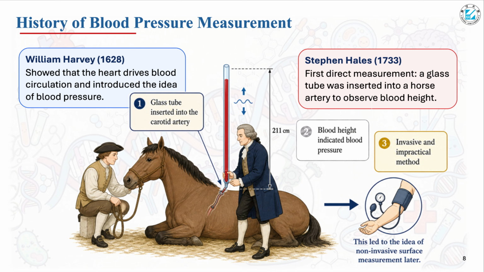In 1733, Stephen Hales performed the first direct measurement of blood pressure. He inserted a glass tube into the artery of a horse and observed the height of blood inside the tube. This method showed that blood pressure could be measured, but it was invasive and not practical for humans.